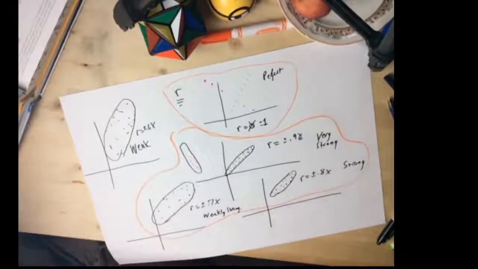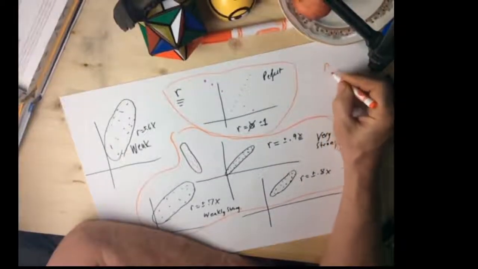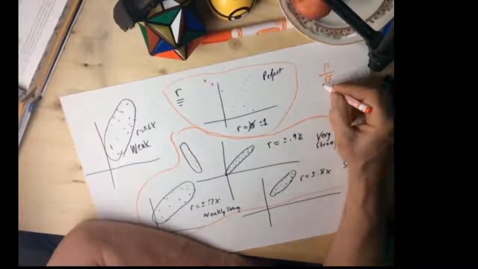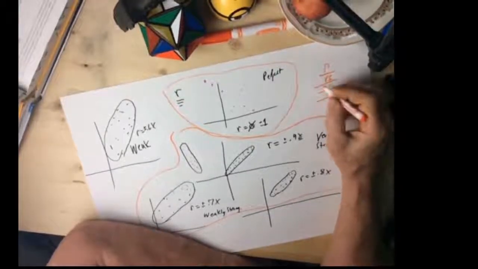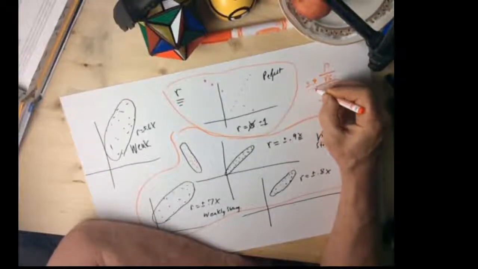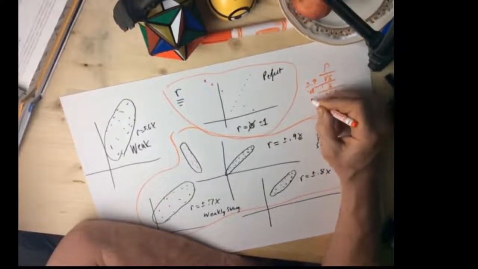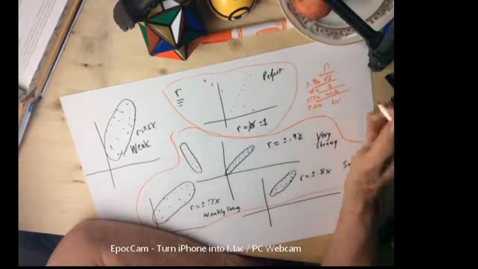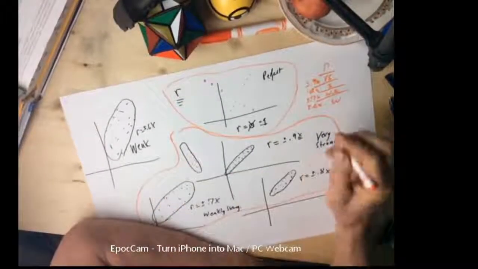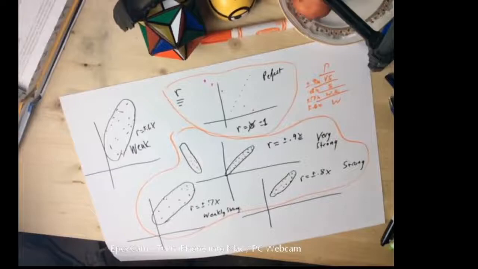So here's what the meaning is. Once again, we've got perfect, very strong, strong, weakly strong, weak. And they use plus or minus 0.9, plus or minus 0.8, plus or minus 0.7, plus or minus 0.6, and we don't care what the number is after. And that's just how we describe them. So that's how that correlation works.